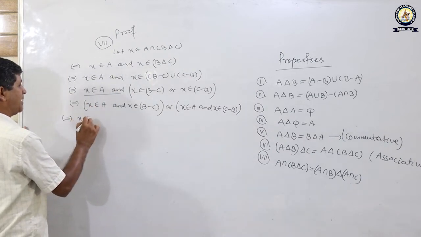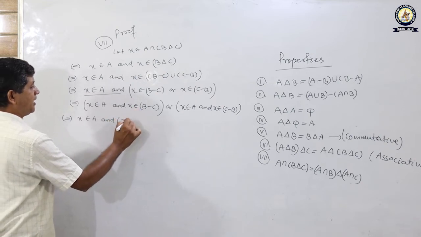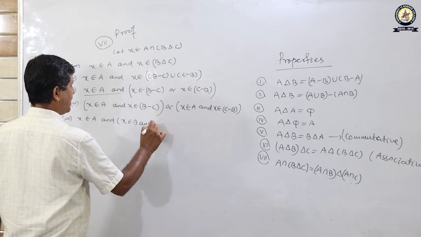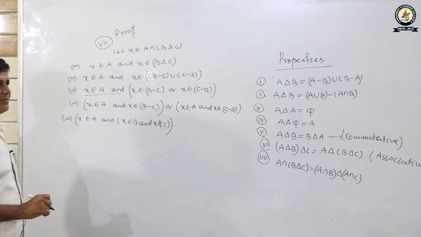Implies and implied by X belongs to A and X belongs to B difference C, means X belongs to B and X does not belong to C. This is within one bucket.